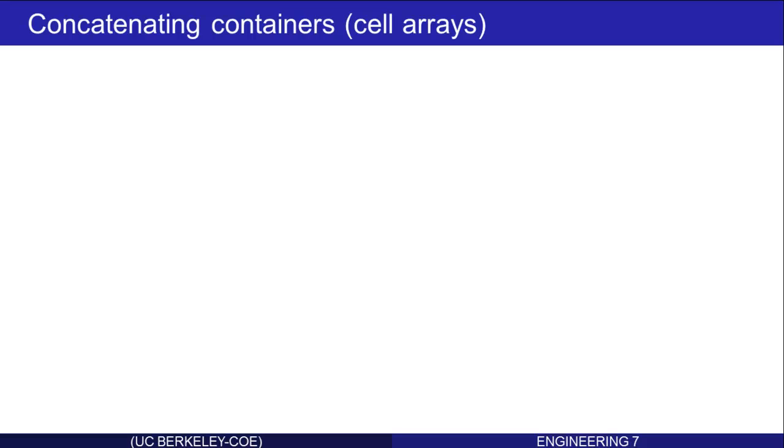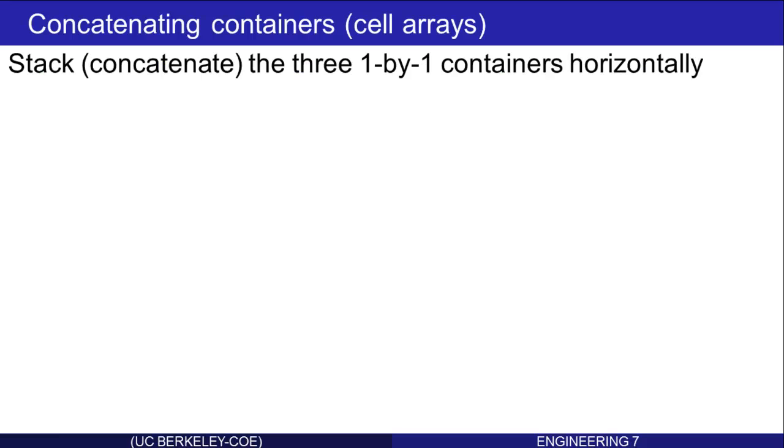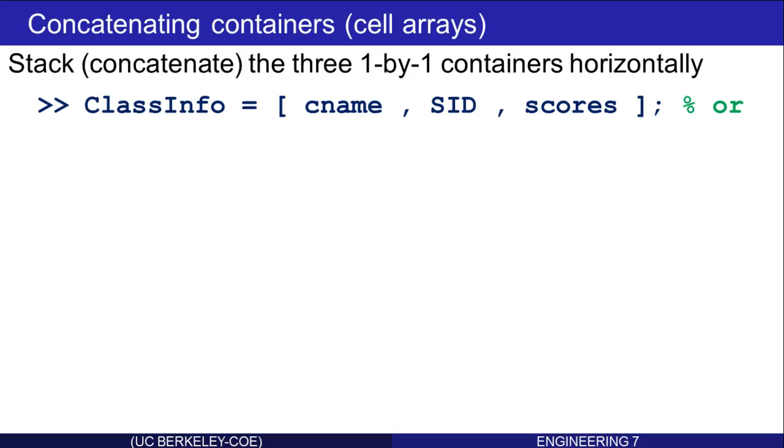Let's now start concatenating some cell arrays using the two additional cell arrays that you just created in the quiz. Let's concatenate the three 1x1 containers horizontally into a new variable called ClassInfo. Here we concatenate the container containing the name, the container containing the student ID, and the container containing the scores.